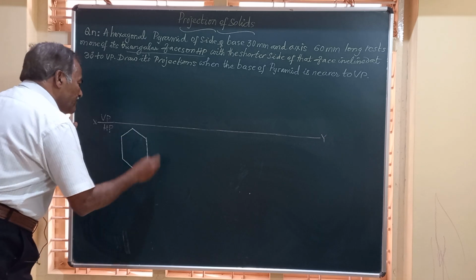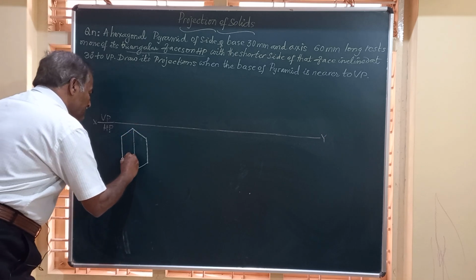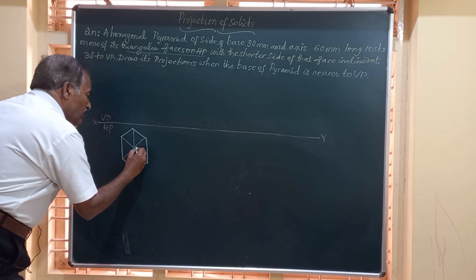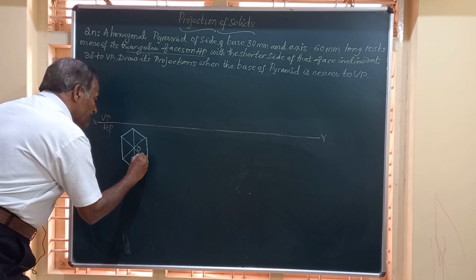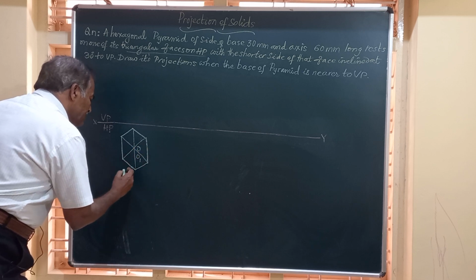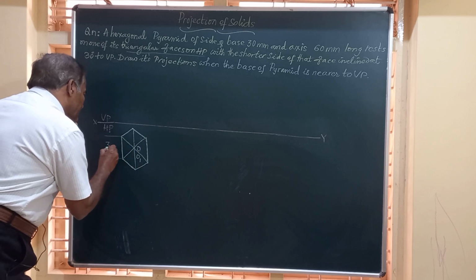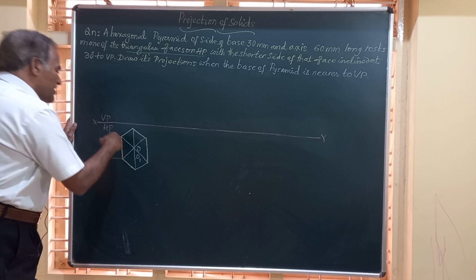So this is the base. I am going to join all these lines to get the center. We call the center O, and this is O1, the center of the bottom face, and this side is 30 mm. All the sides will measure an equal value.